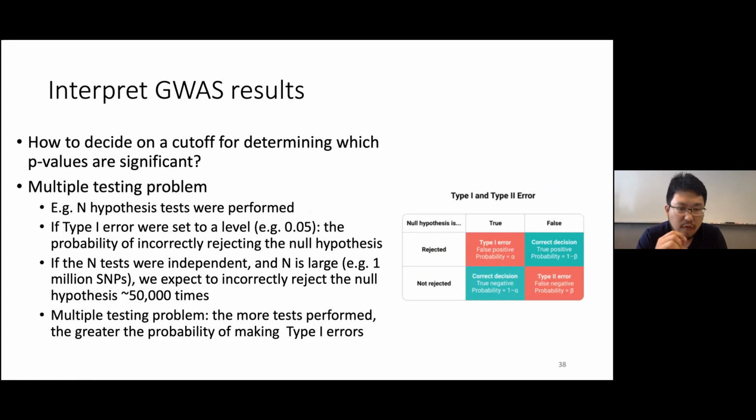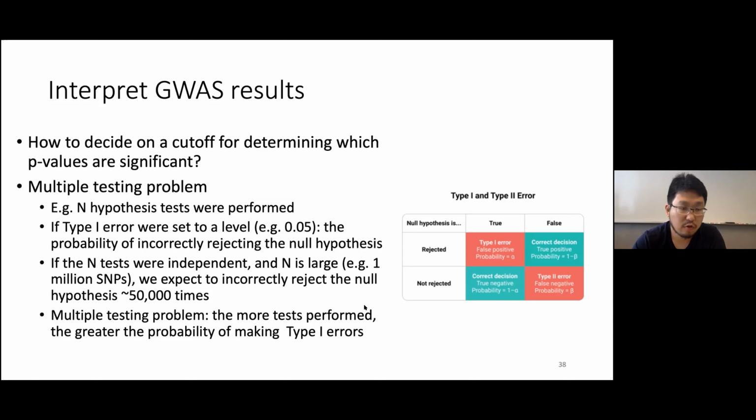For each SNP, we would set a significance level for type 1 error, for example 0.05, and assume that all of them are independent. That is fine for one locus, because there's only a 5% chance that the association you found is a false positive. But if you have 1 million markers, and these are assumed to be independent in the model, then you could end up with more than 50,000 false positives, and that's just not acceptable.